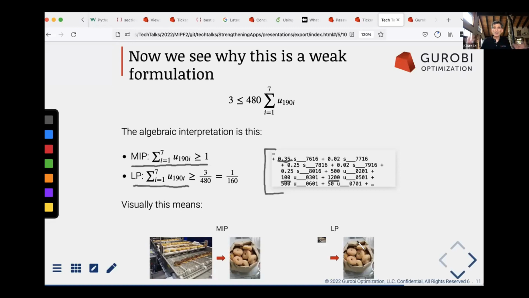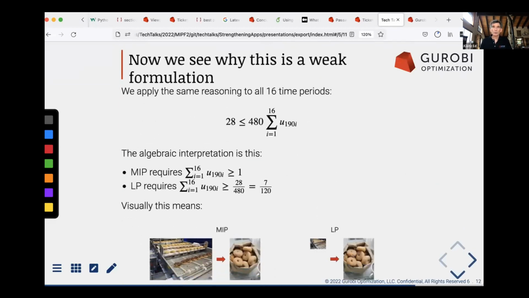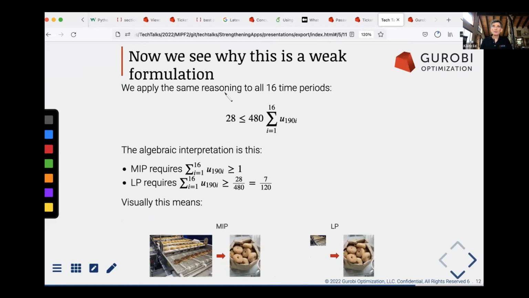And that's where we have this notion of a disconnect, that the LP model is just totally unrealistic, and that's the sign of a weak formulation. And if you apply the same reasoning across all 16 time periods, you get a total production of 28 rather than 3, but it's still basically the same.